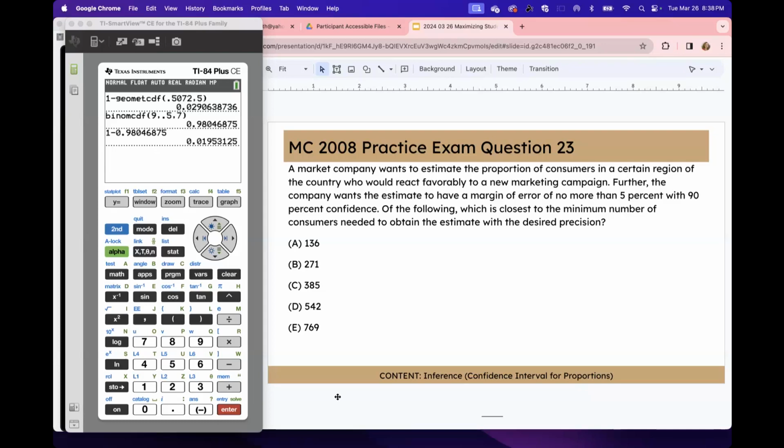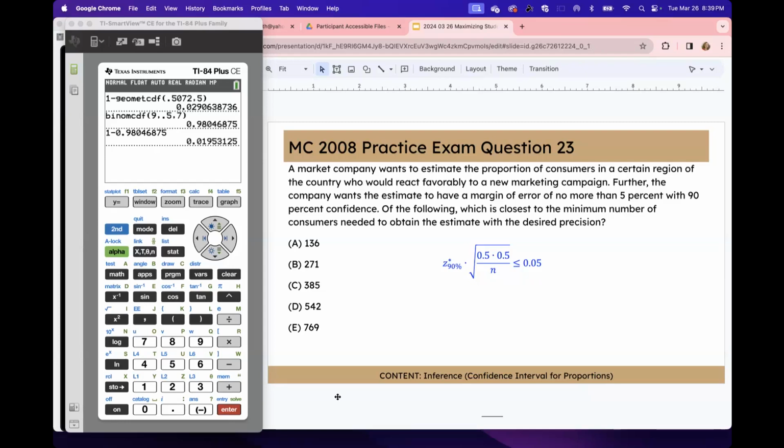Hopefully you've taught them what margin of error is and that they can write something like this down for margin of error when we're doing proportions. We're doing a 90%, so I've got Z star for 90%. Since it's proportion, it's your Z curve. For the standard deviation part, I'm using my formula for the proportion standard deviation.